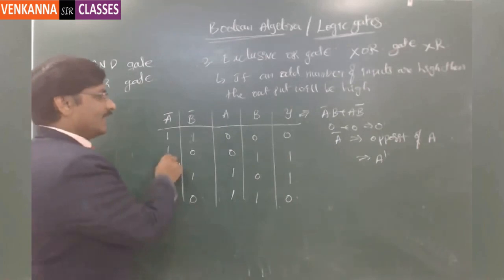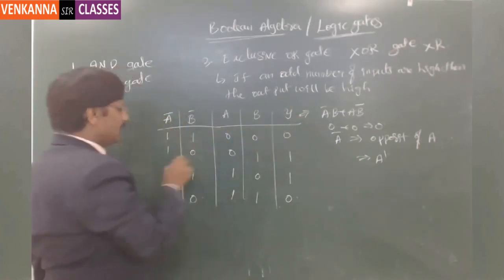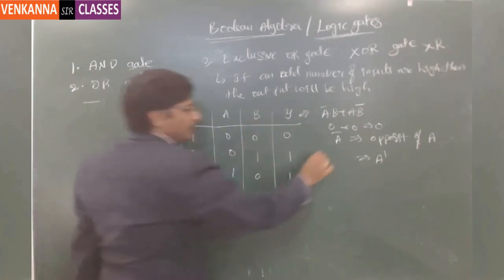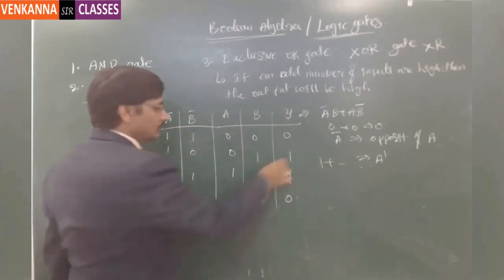Similarly, if you take the second one, A bar B plus AB bar. The A bar B value is 1. So 1 plus anything is always 1. So this is 1.